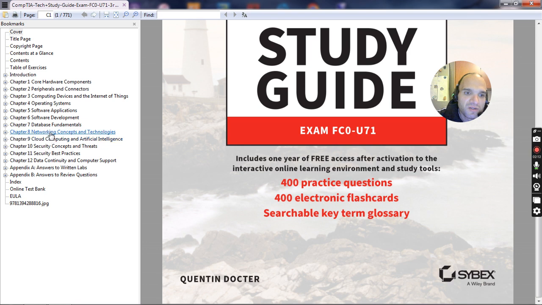After this, move to networking concepts and technologies, and then to cloud computing and artificial intelligence. Again, two relevant concepts. After this, you may move to data continuity and computer support, chapter 12.